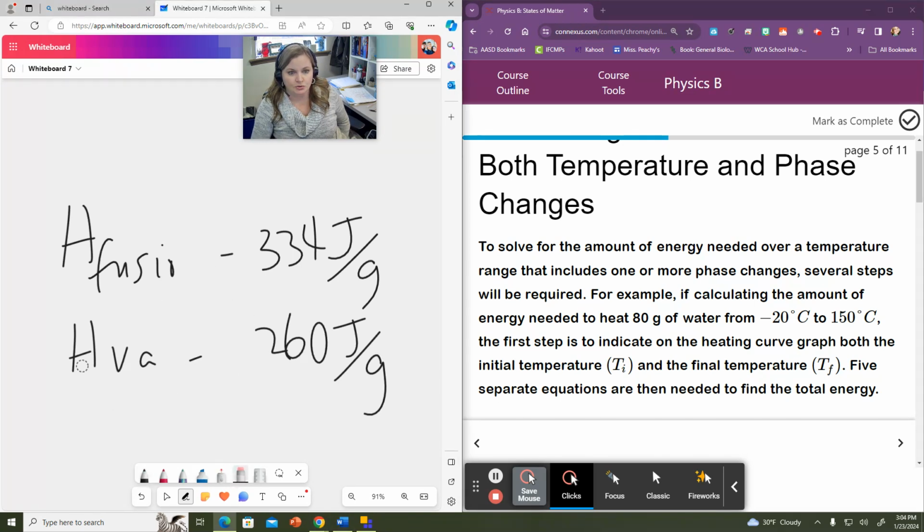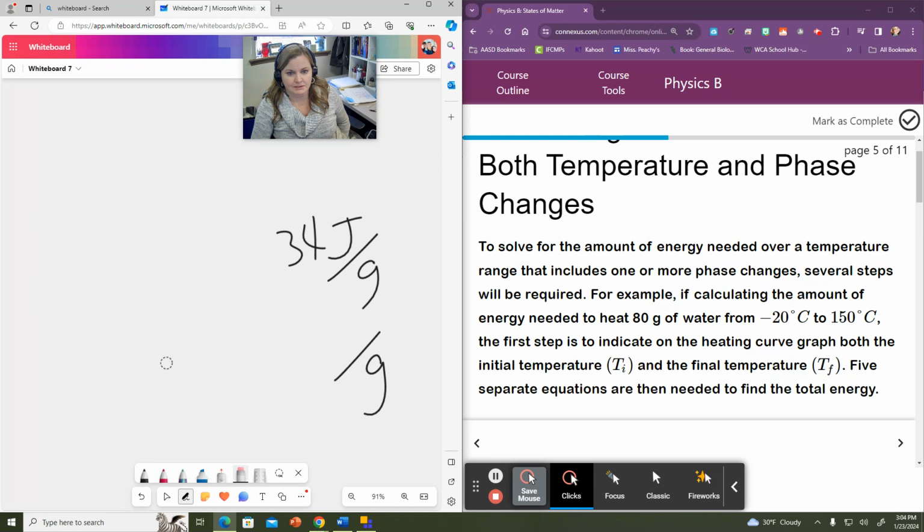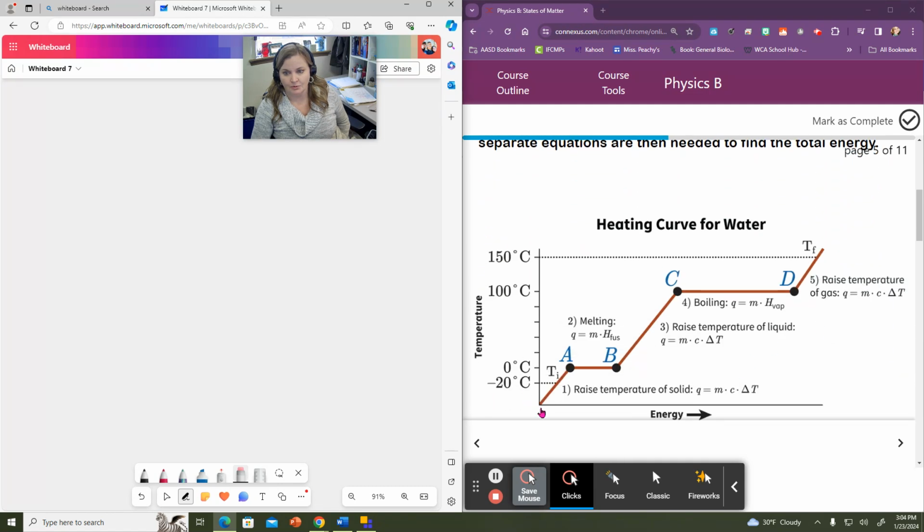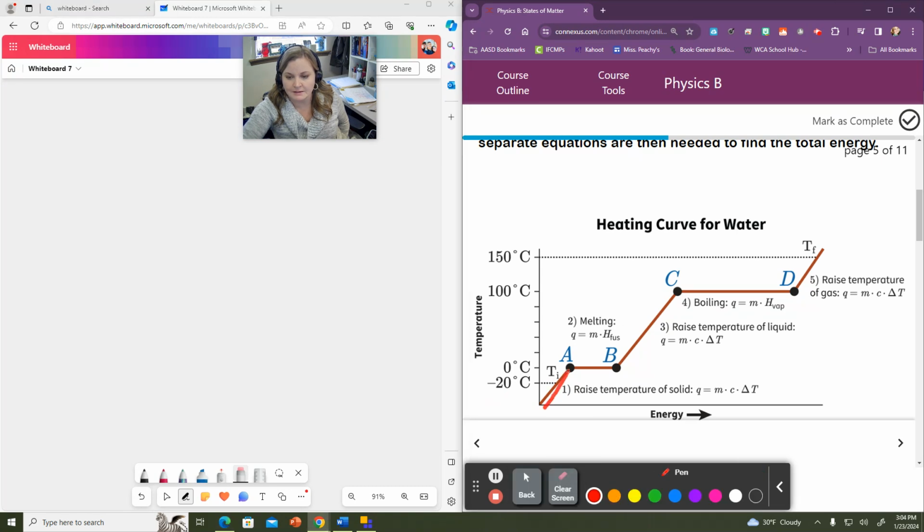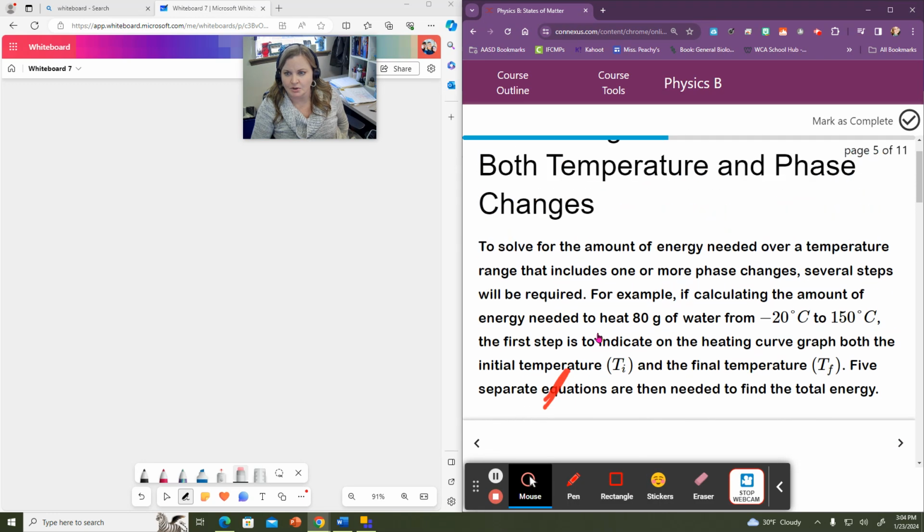So what you need to do is break it into steps. The first thing you're going to be doing is just changing its temperature from negative 20 to 0. So that's this portion, because here it's changing temperature, right? So from negative 20 to 0, we had 80 grams.